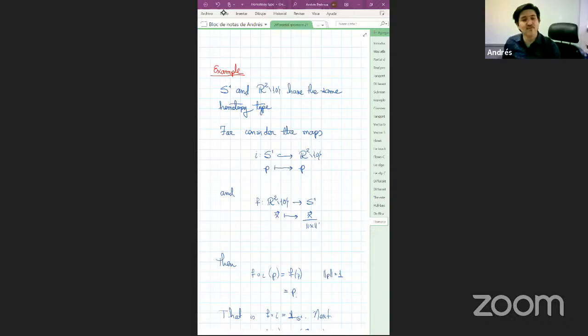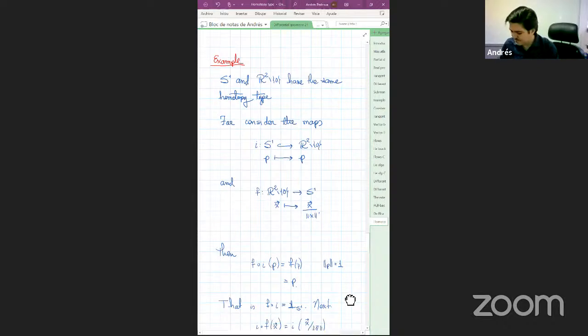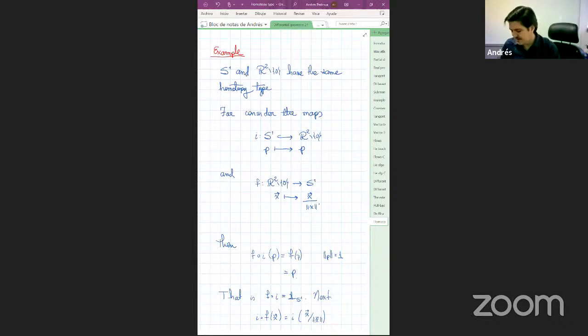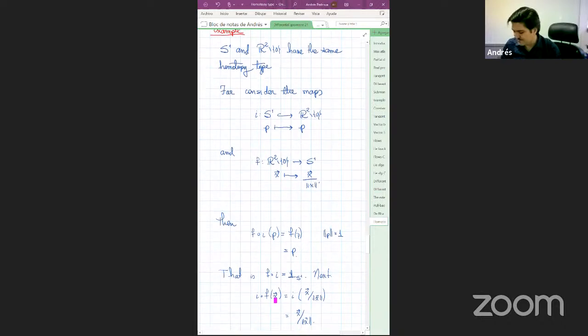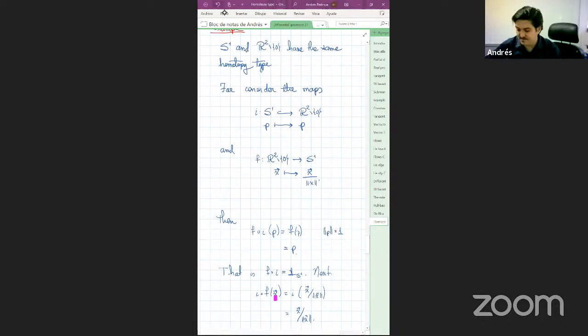Now we have to, again, do the composition, but the other way around. Right? So I take any vector on the punctured plane. I will make it length 1, and then the inclusion will leave it the same.